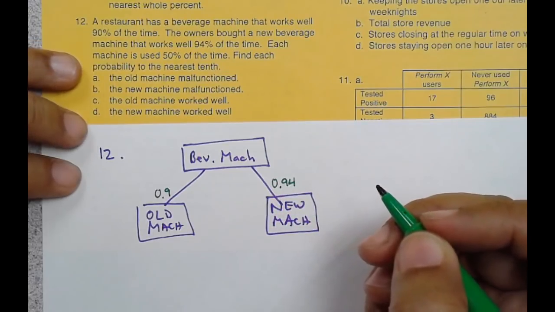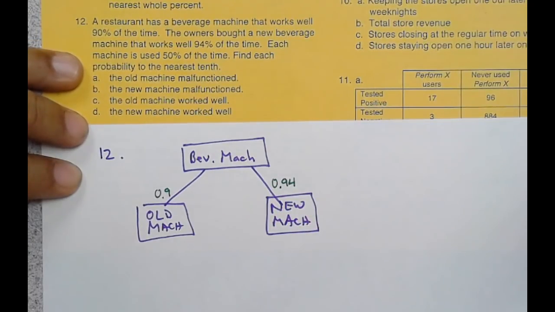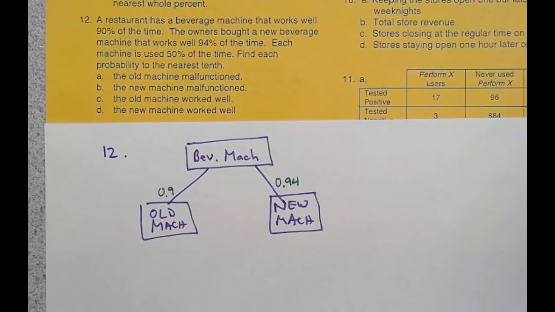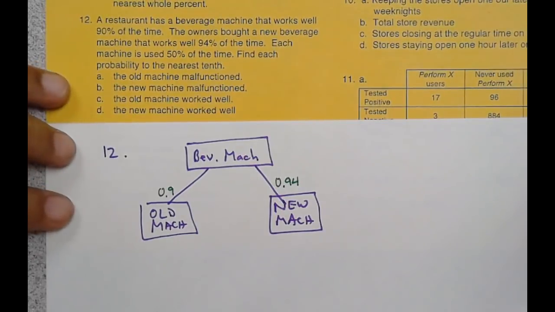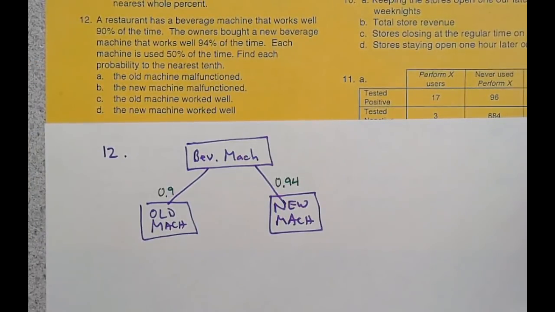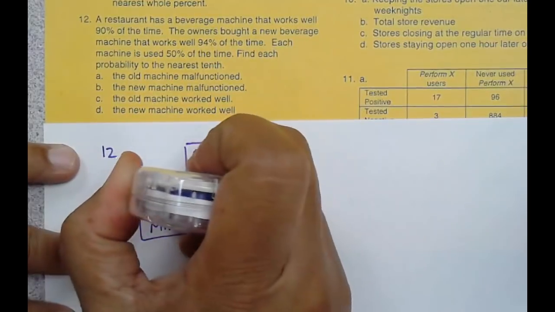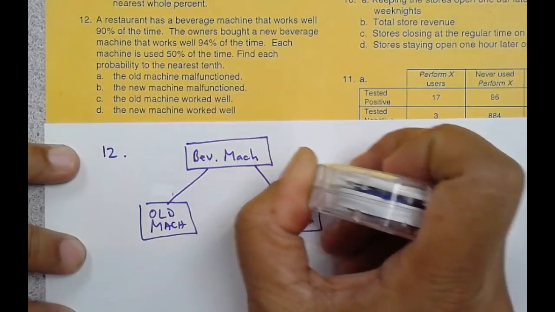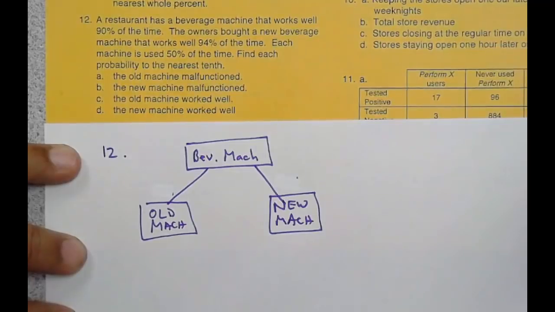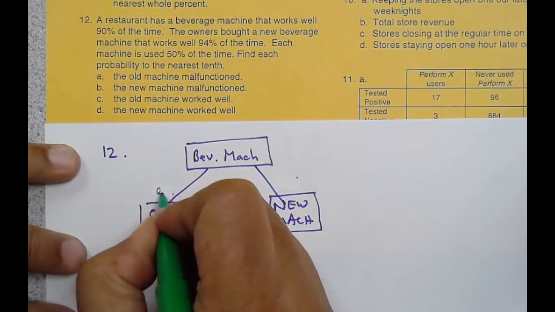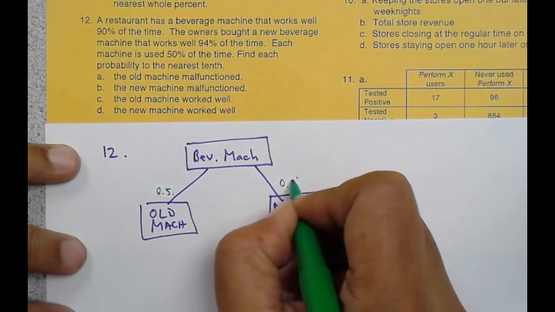Each machine is used 50% of the time, and we want to find out, oh, whoops, this is not quite right. Sorry, that's going to be down below. This is how much it's used. We are actually using each machine half of the time, so I'm going to put 0.5 here and 0.5 here.